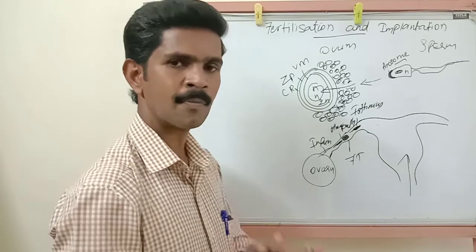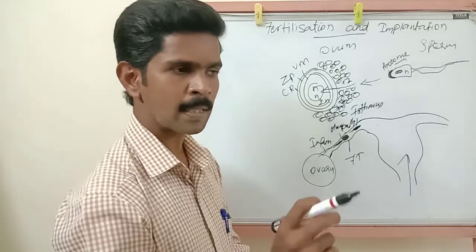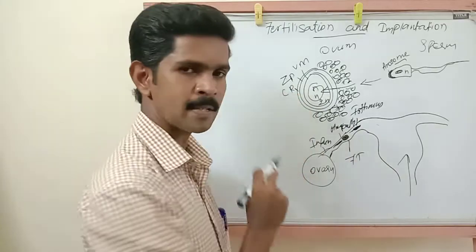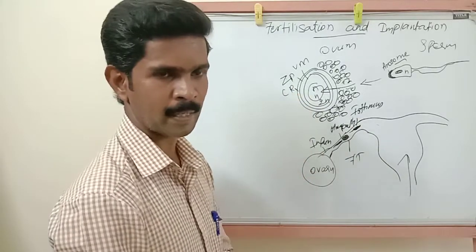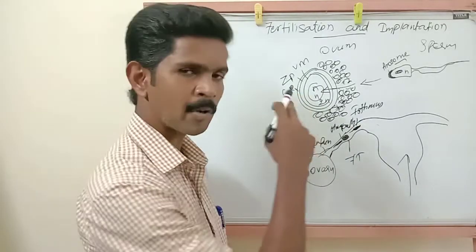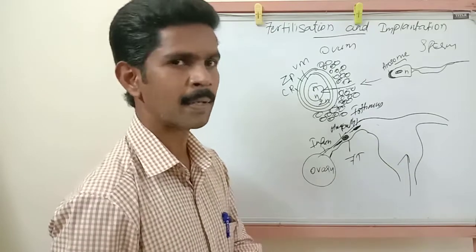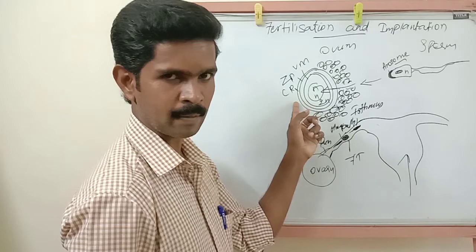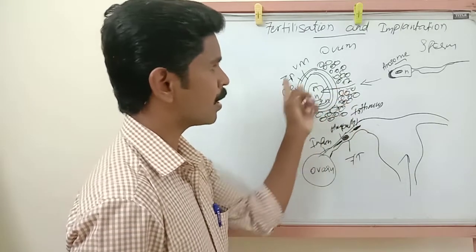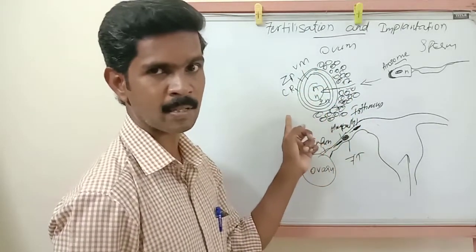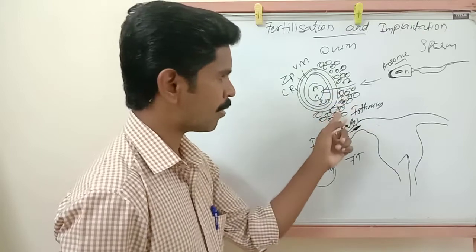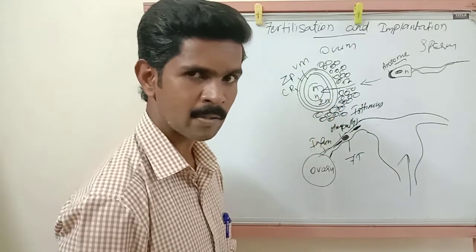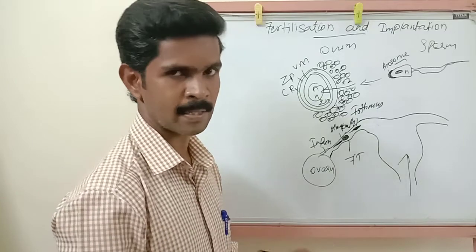So for effective fertilization, the nucleus of the sperm cell should enter inside the cytoplasm of the egg cell. The egg cell is protected by three membranes: vitelline membrane, zona pellucida, and corona radiata. On the outer surface, follicle cells are also there, and all these follicle cells are held together by hyaluronic acid.